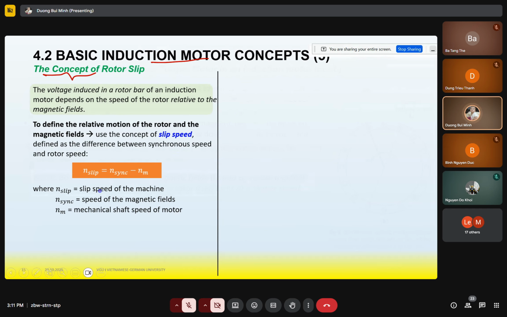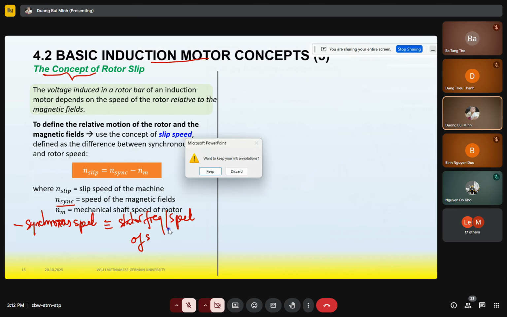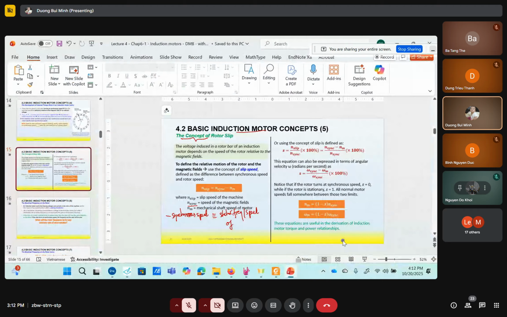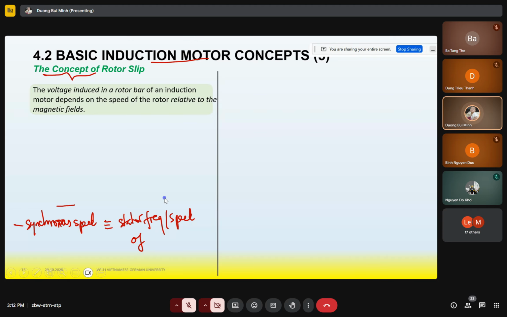The first concept is synchronous speed, or we say stator frequency, the speed of the stator magnetic field.